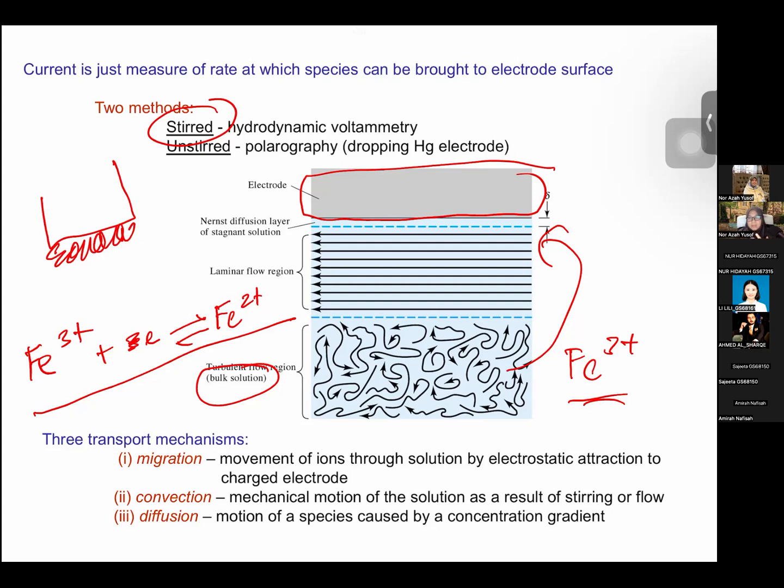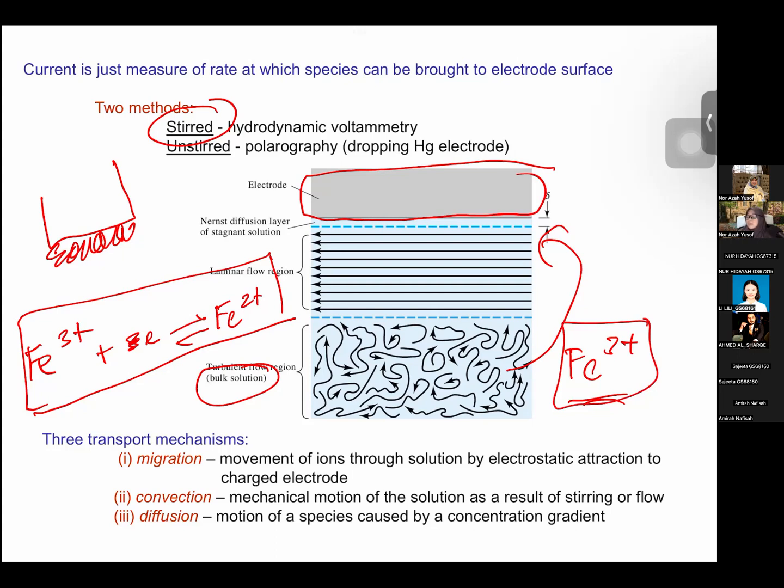So how does it help? To improve the electron transfer. We want this reduction process to be very efficient. If it is too slow or it does not happen rapidly, then our detection will be very slow, and it might not be very accurate because there's a lot of ferrum 3 plus that is not converted into ferrum 2 plus.